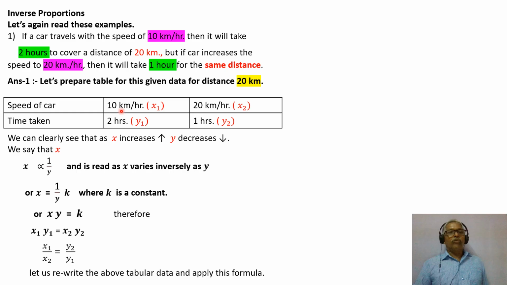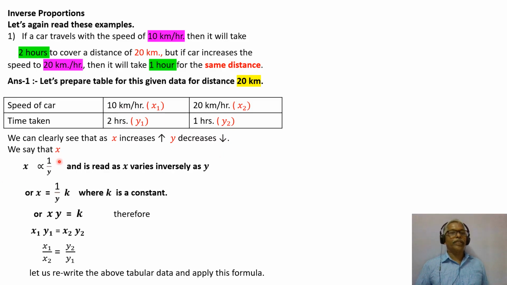You can see here, as speed increases, time taken decreases. It itself shows that there is something inversely going on. So we clearly see that as x increases, y decreases.